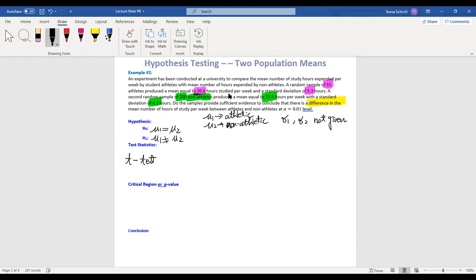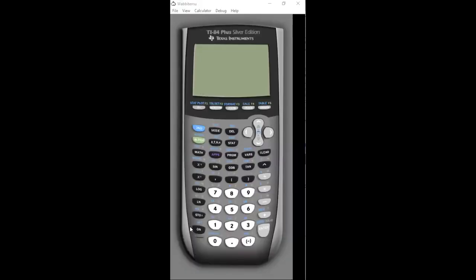Now let's use the TI-84 calculator again one more time and see what answer we produce. Let's start, clear this out. You do stat, then the test. What test do we do? The two-sample t-test, and we want the statistics.